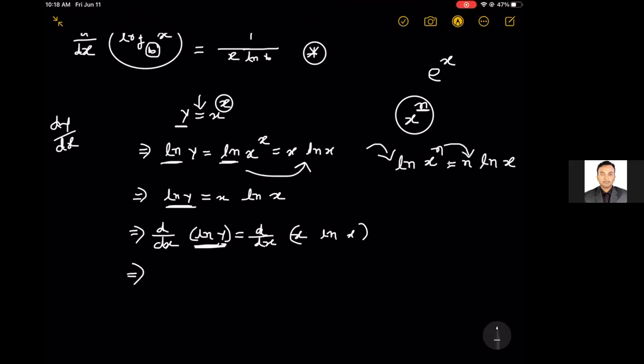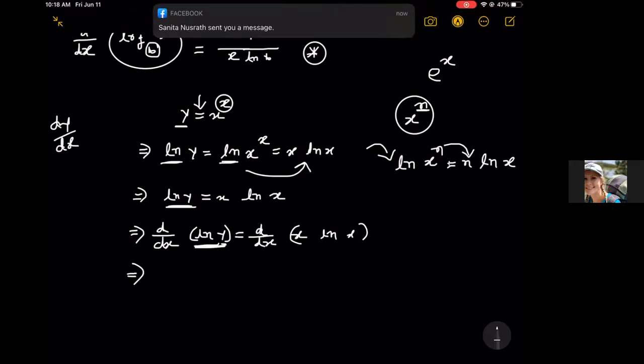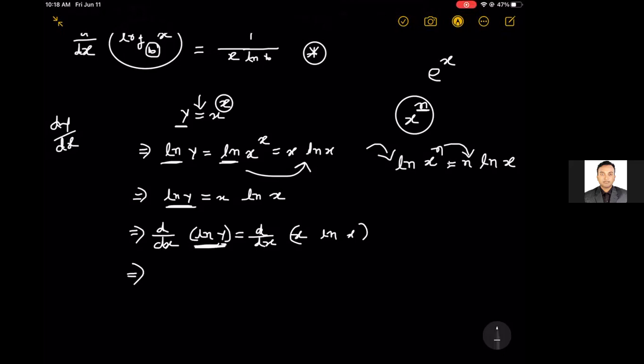Would it be 1 over y, natural log of y? Slightly more. Anyone else? Slightly more modification to that. Is it times the derivative of natural log of y? Exactly. It's the derivative, not the natural log of y. Only for y. It's the derivative of y.